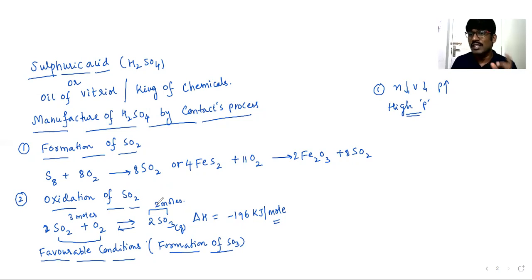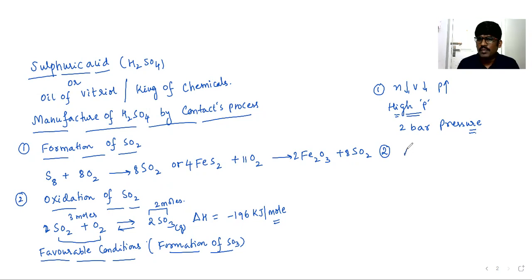That's the reason high pressure is not preferable. Around 2 bar pressure is applied. It is enough for the manufacture of sulfuric acid.